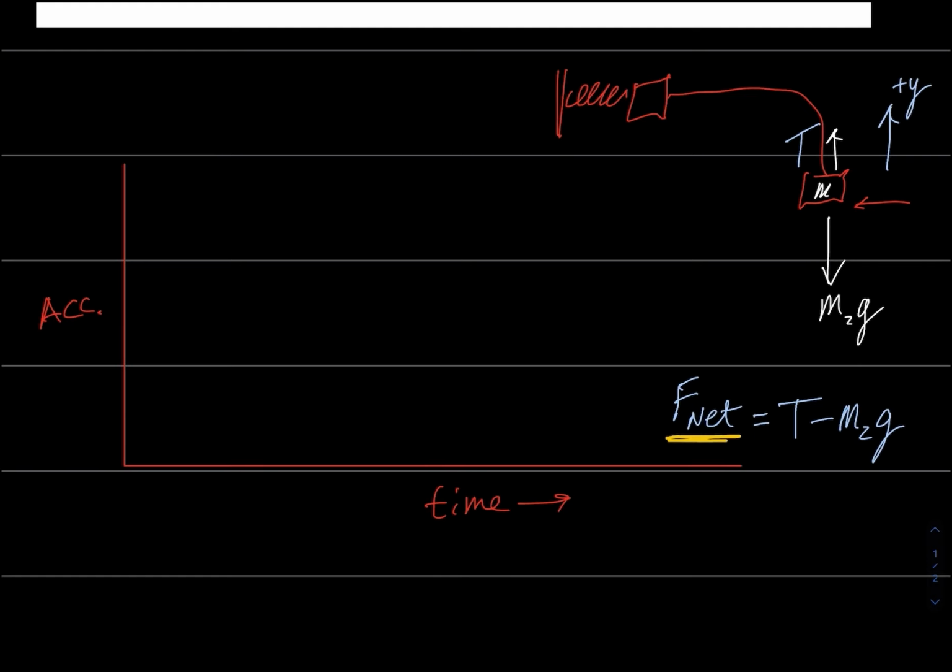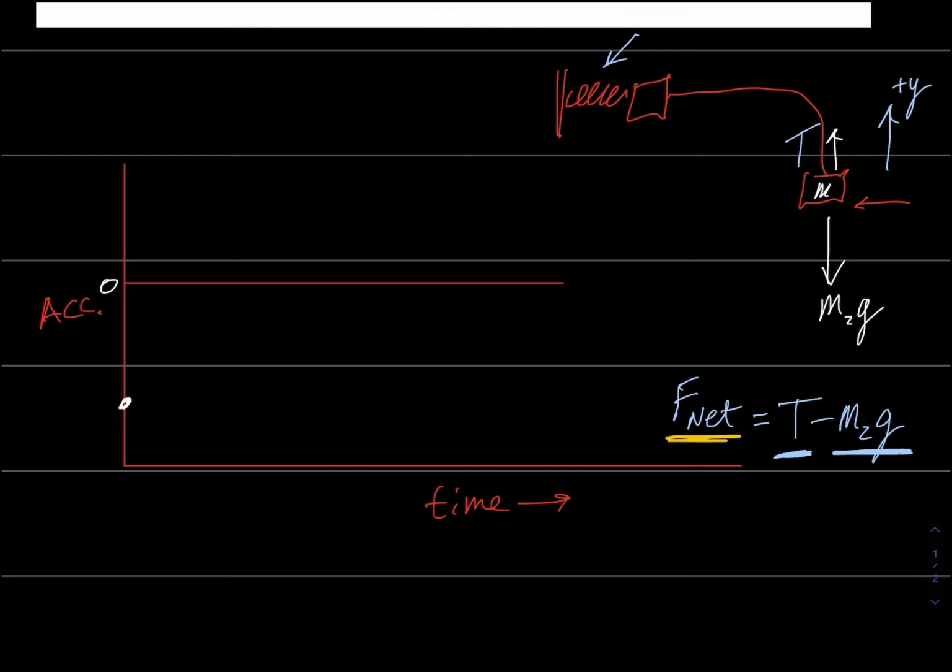So, at the very beginning, the string is unstretched, and we're holding mass number 2, so there's no tension in the string. So this is 0, the tension in the string, and the net force is negative. So the acceleration is negative. Okay, so we'll put our 0 here, and we'll start out with the negative acceleration.